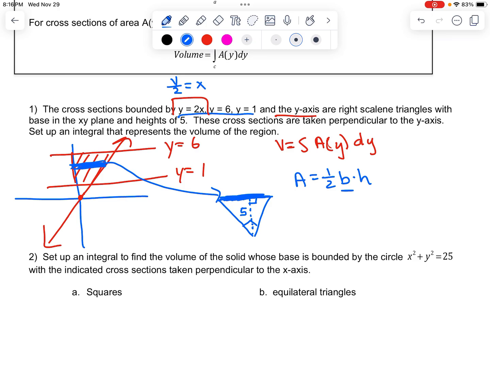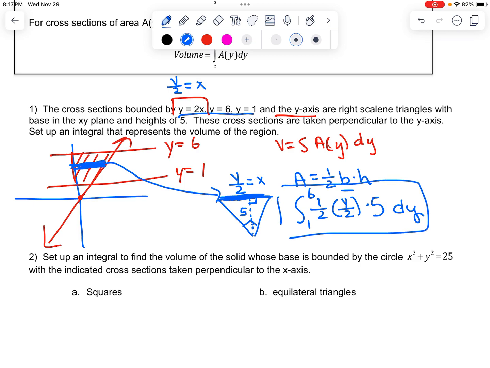So this distance here is y over 2, right? So it's 1/2, the base is y over 2, the height of the triangle it told us was 5, so that's the area of the triangle. The thickness is dy, and then we're going to integrate it from 1 to 6. This would be the setup to find cross sections where we have these triangles coming up from the bottom to the top.